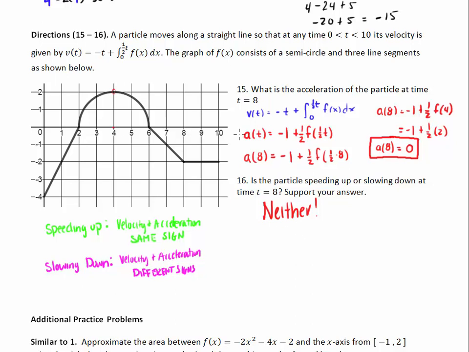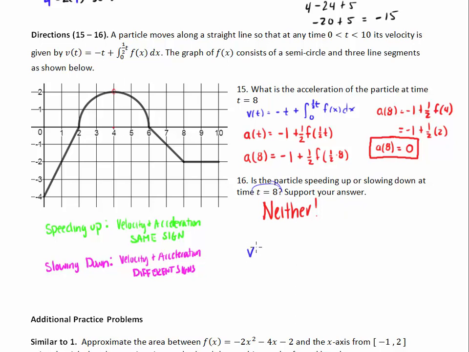That's how you tell. So let's take a look at this, because if this had been a problem where the acceleration had not been 0, we'd want to know, hey, what's happening with the velocity? If I wanted to find the velocity at time equals 8, I would look up at this equation here, velocity of t.